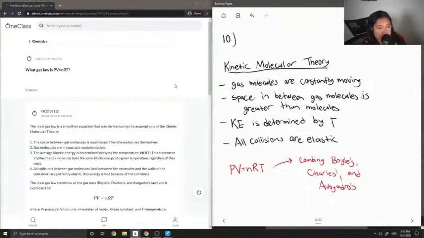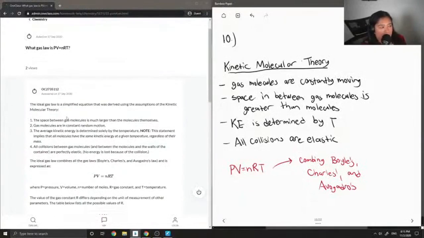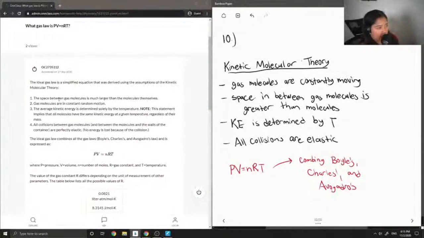So let's see what our junior tutor said. Ideal gas law is a simplified equation that was derived using the assumptions of the kinetic molecular theory. 1. The space between gas molecules is much larger than the molecules themselves. 2. Gas molecules are in constant random motion. 3. The average kinetic energy is determined solely by the temperature.